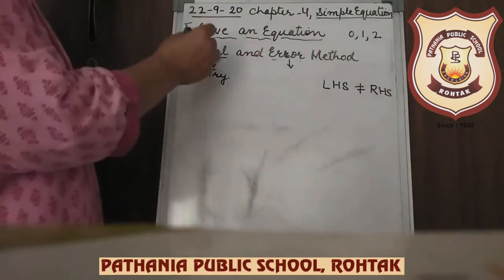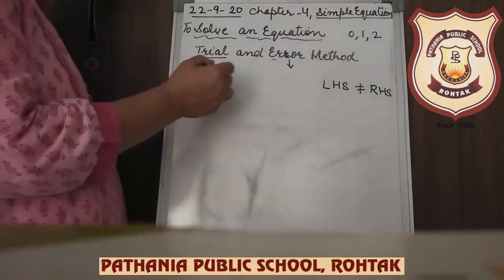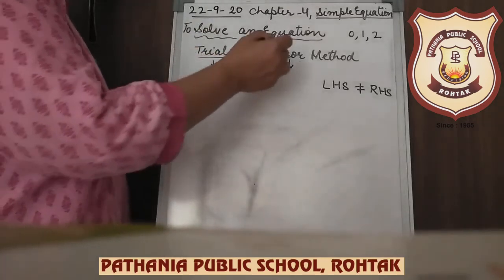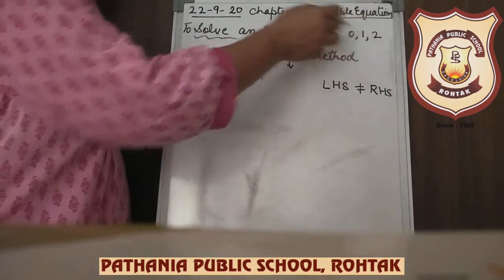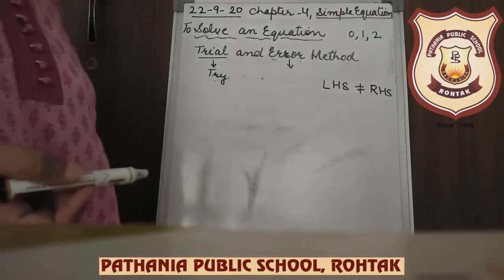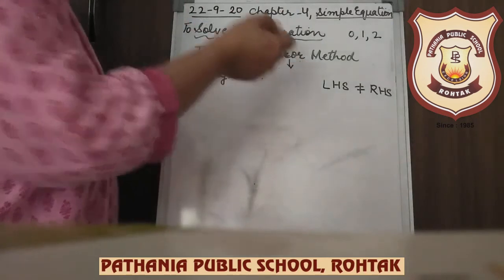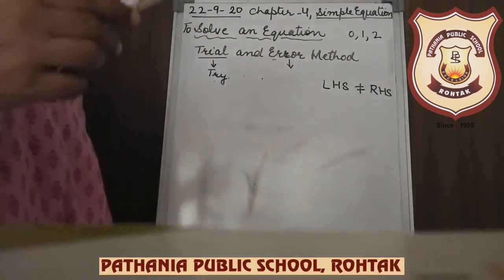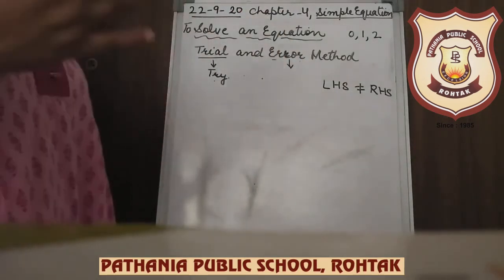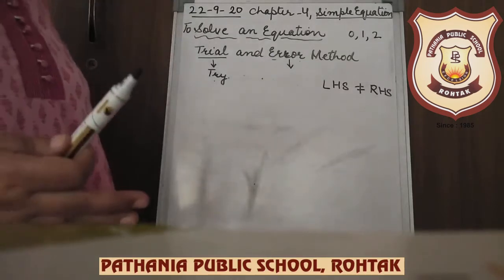Clear? So trial means you are going to try certain values, and error means not every value for the variable is going to satisfy the equation. If it is not satisfying, it is an error, so you have to look for another value for the variable.